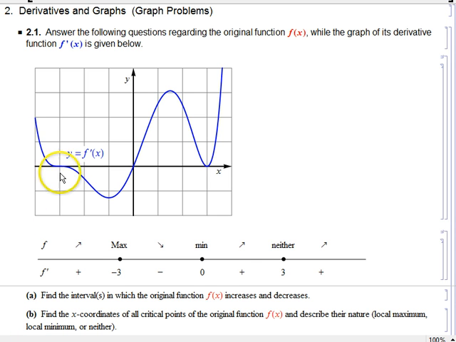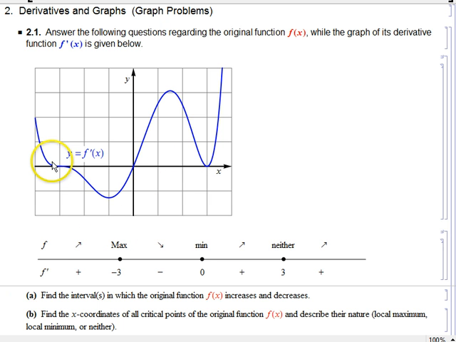First, we find the x-coordinates of the critical points, or critical numbers, they say. Crossing the x-axis at x equal to -3, x equal to 0, and touching at x equal to 3. Those are three critical points of the original function.